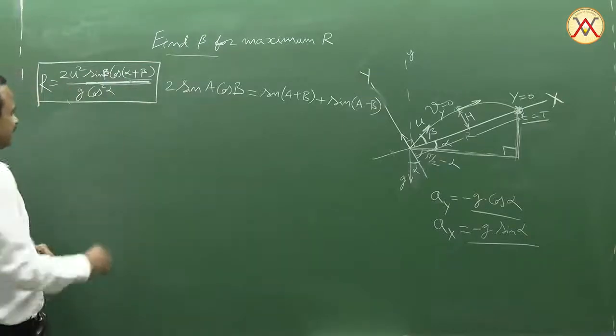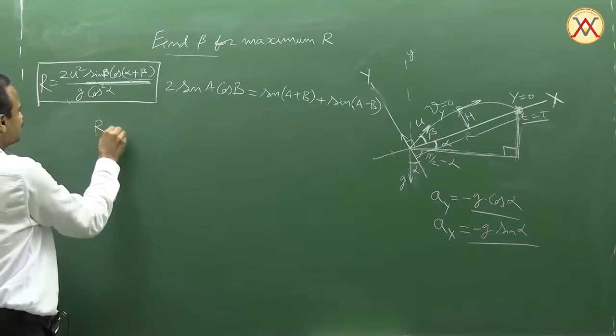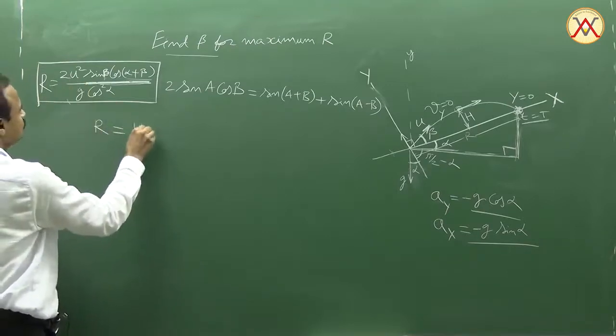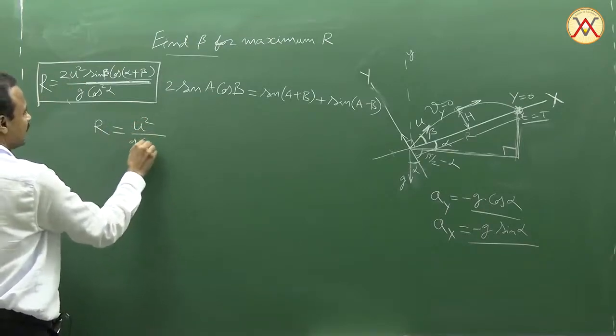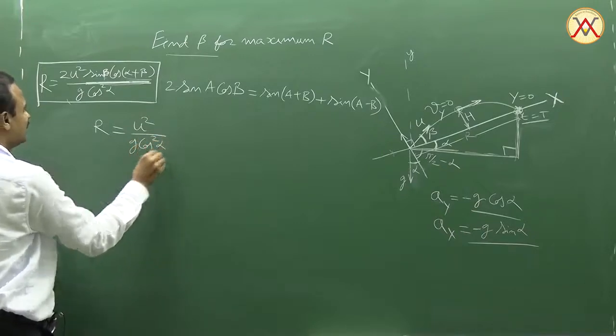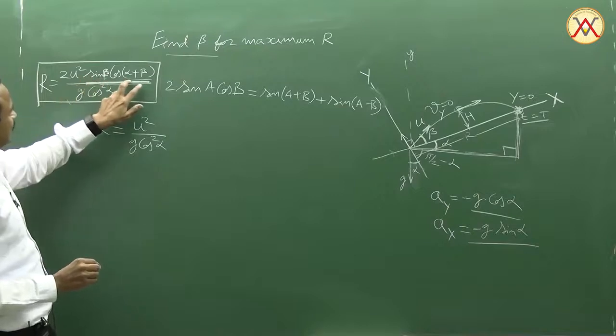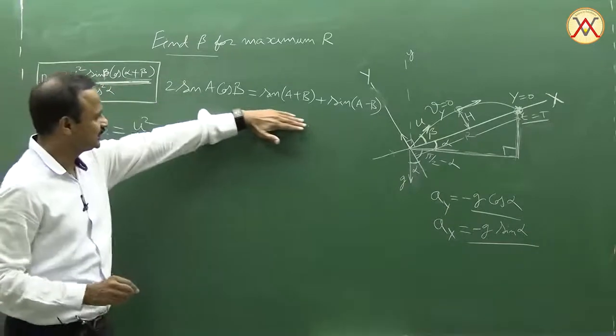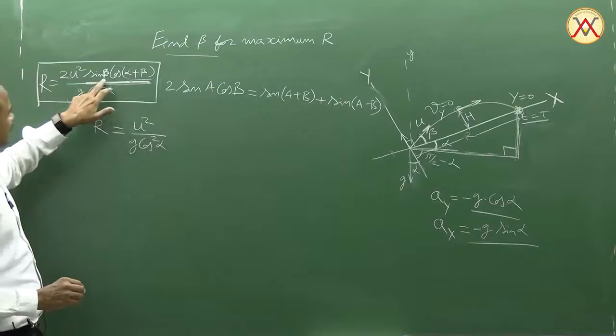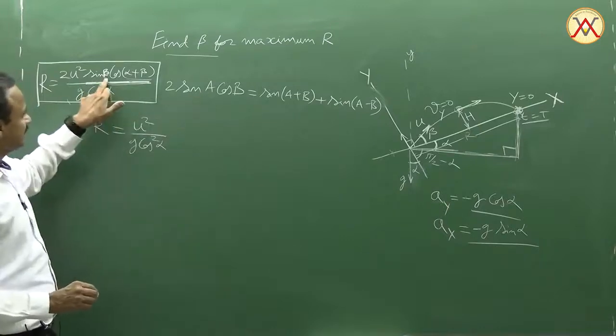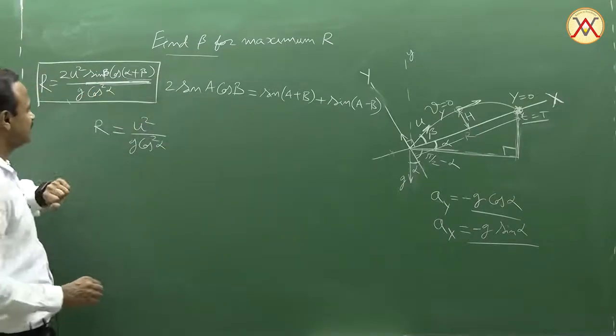We apply it here. So the range becomes u square by g cos square alpha. This part I am keeping as it is. Now, twice of sine beta cos of alpha plus beta, I will use this result to transform it. A here is beta and B is alpha plus beta.